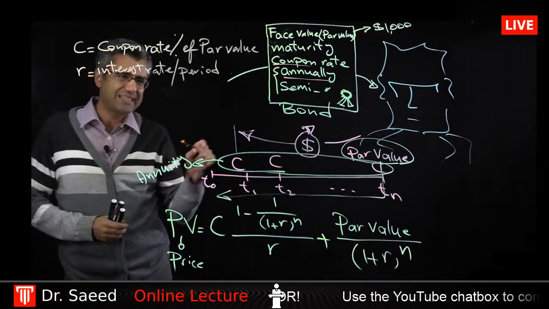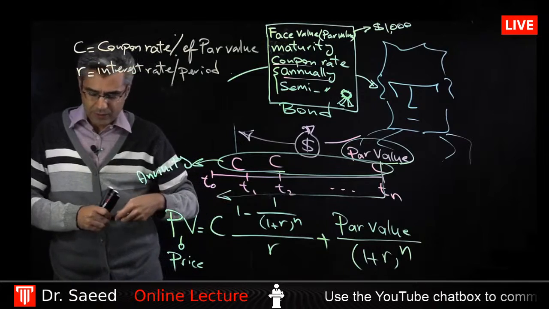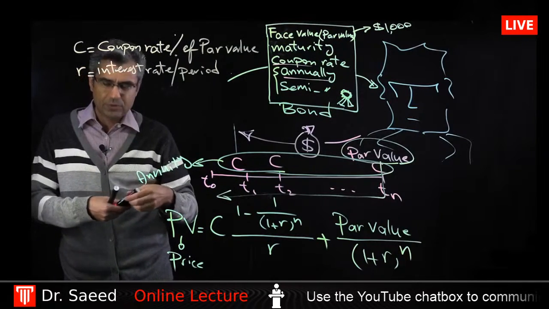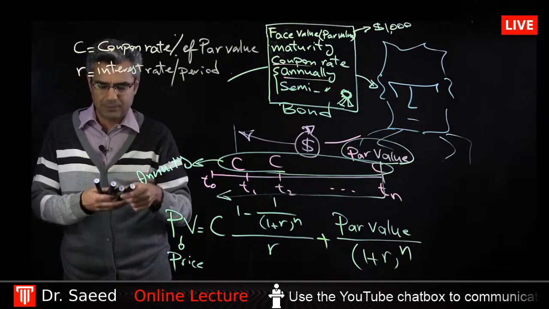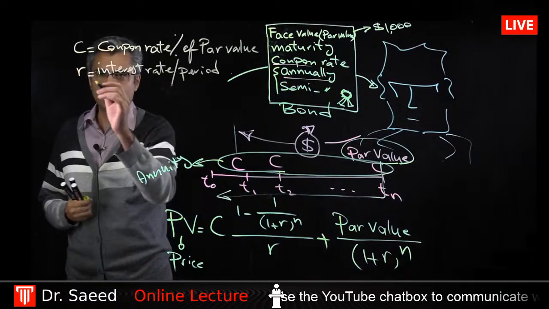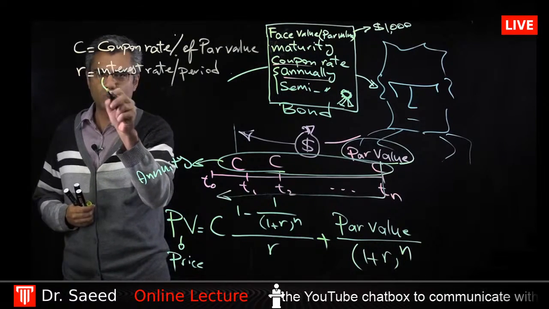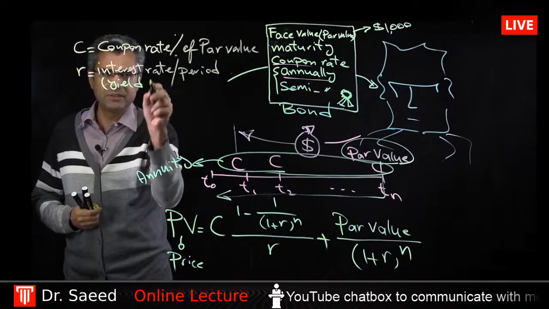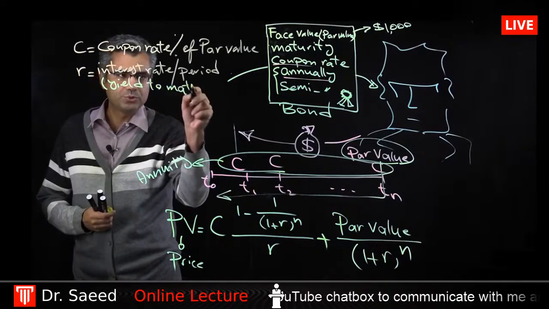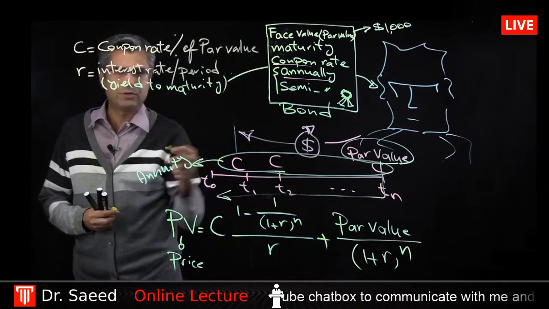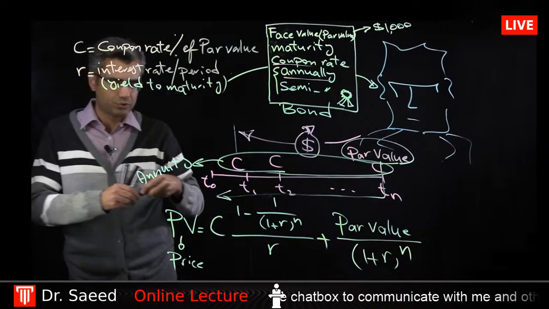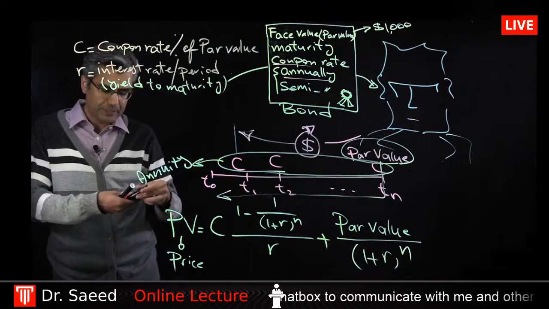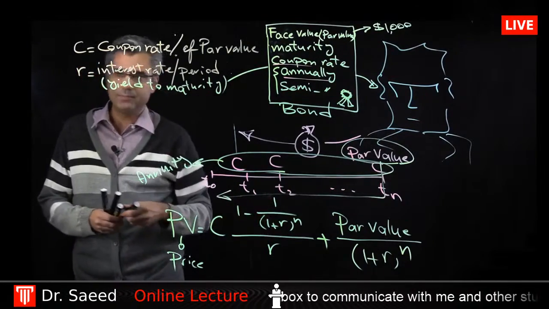Actually, interest rate has another name as well in bonds. We call it yield to maturity. It's another term referring to interest rate.